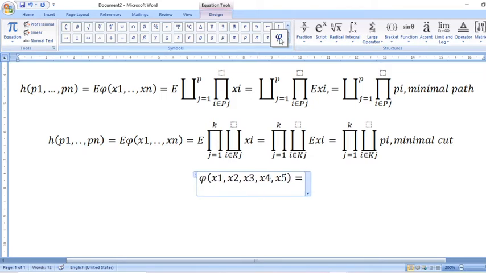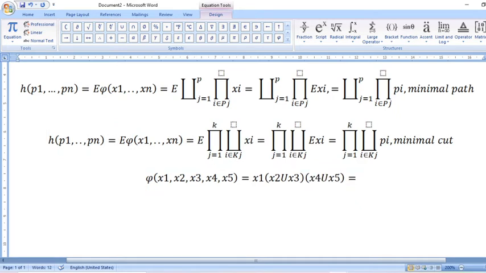And what is the structure? x1 is in series with x2 union x3, this is available in your book, and x4 union x5. So this is the structure function.